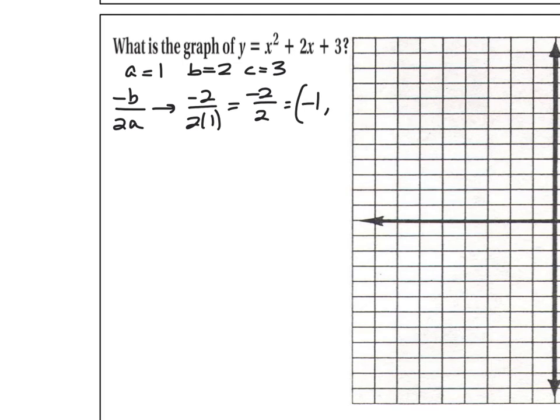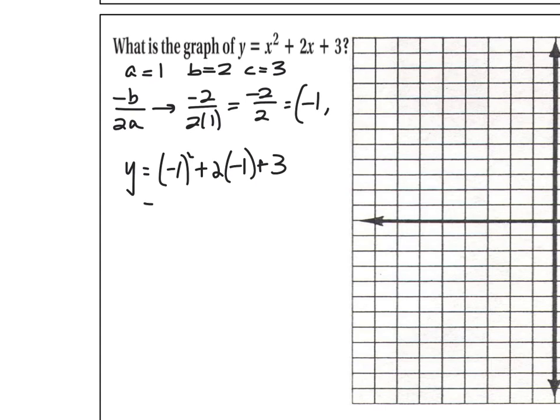Well, I'm going to take this negative 1 right here and plug it in for this x and this x. I'm going to plug it in for the x's. So my y value is going to equal, instead of x, negative 1 squared plus 2 times negative 1 plus 3. Okay, and now all I have to do is simplify this. So I go through my order of operations here.